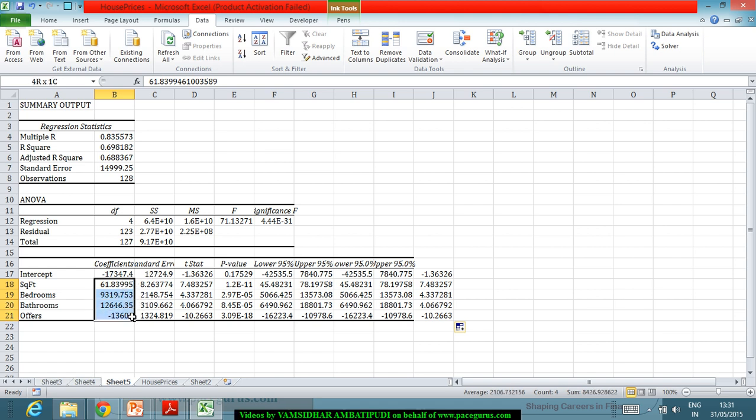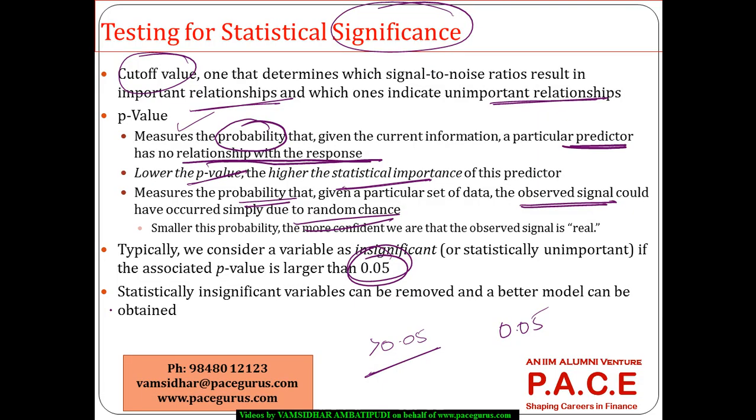It's not a significant number, it's just some random number that has come. That is an indicator of the p-value. So I am always looking at a very low value of p, typically less than 0.05, just to conclude that whatever signal I am observing is really real and not just a random chance.